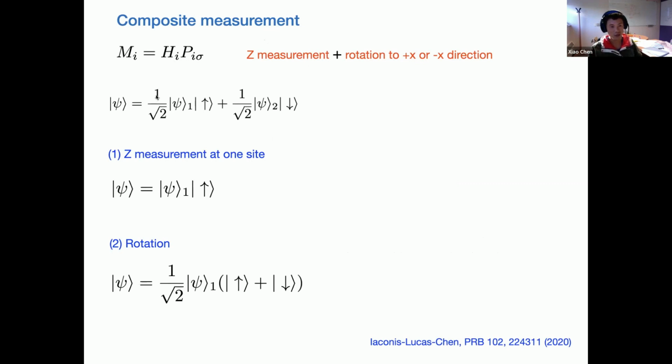Let's consider one example. Say the wave function is a superposition of these two states, and we do a measurement on this side. This spin could be pointing up or pointing down. We do the Z measurement on this side. After doing the Z measurement, it's either this one or this one. If we choose this one as a quantum trajectory, we get this wave function.